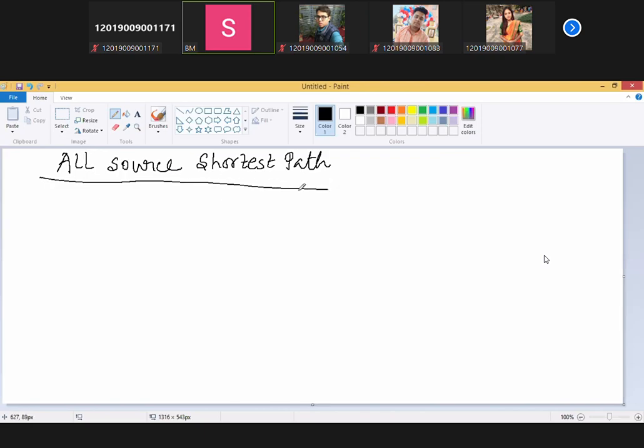If your target is that you need to find, say you have nodes 1, 2, 3, 4, the shortest path for 1 to 2, 1 to 3, 1 to 4. You need to find the shortest path for 2 to 3, 2 to 1, 2 to 4, this way. For every node, if you want to find the shortest path to other nodes, you need to use one algorithm for all source shortest path.